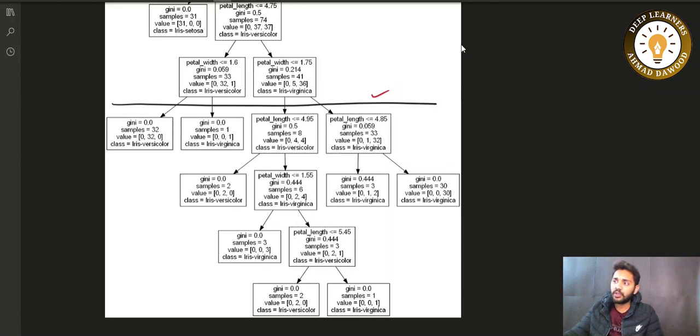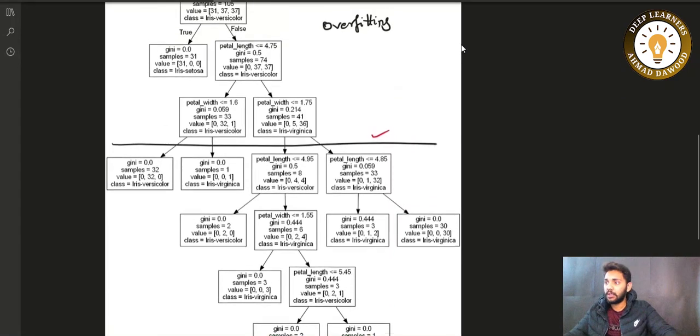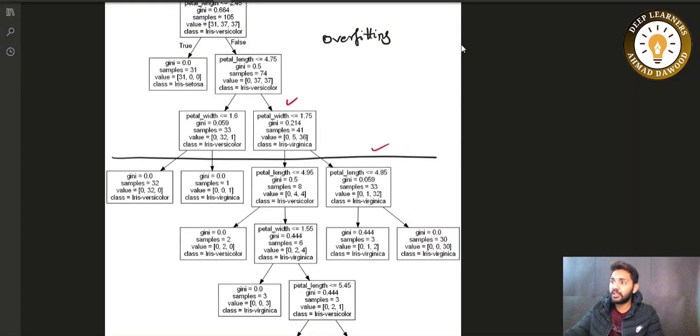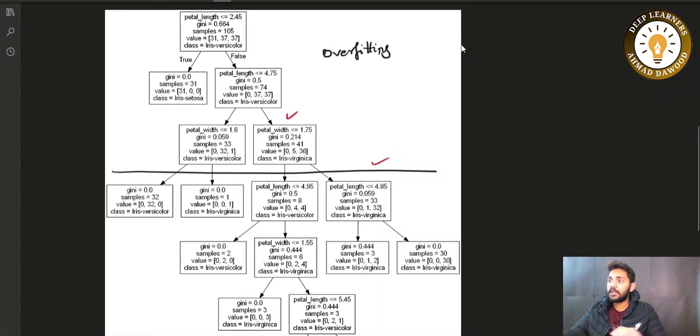It is quite sure that whenever a point comes to this node, meaning the petal length is greater than 4.75, it will be considered iris virginica. On the basis of these points you can calculate that there is about an 88% chance that any point following that path will be considered virginica.